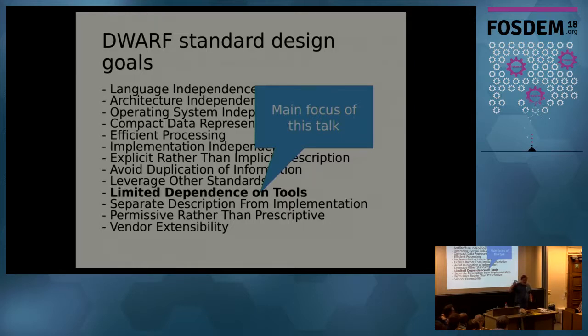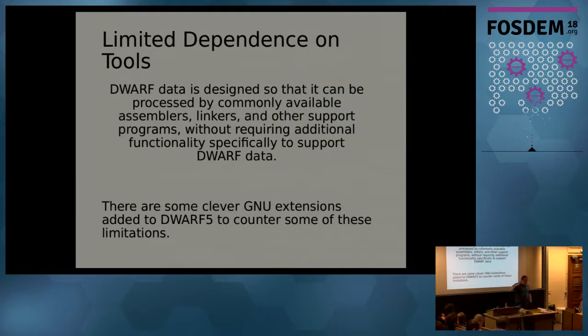This design goal is that tools that have to process DWARF don't have to know about DWARF. And I think that has really helped DWARF become quickly usable, because it means you can easily compose pieces of code with DWARF and combine them.